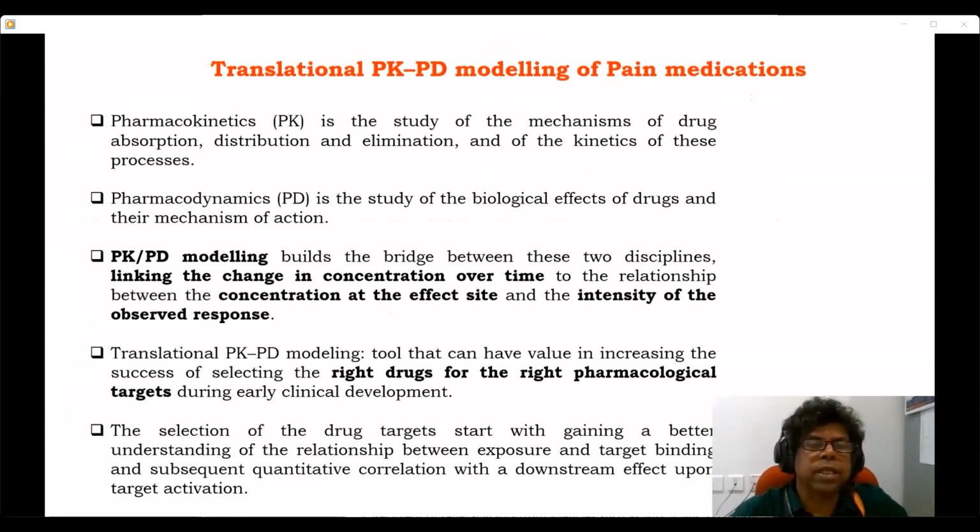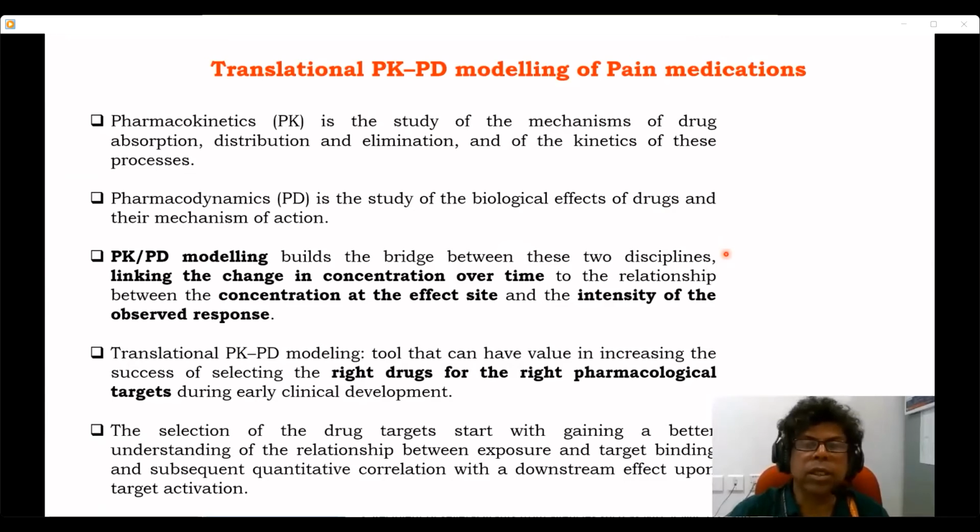So another area is translational pharmacokinetic and pharmacodynamic modeling of pain medication. As you all know, PK is the study of the mechanism of drug absorption, distribution, and elimination, and the kinetics of this process. And pharmacodynamics is nothing but the study of the biological effects of drugs and their mechanism of action. Now, PK/PD modeling is used because in the traditional pharmacokinetic model, you have to collect blood samples from the patient maybe 10 or 15 times.